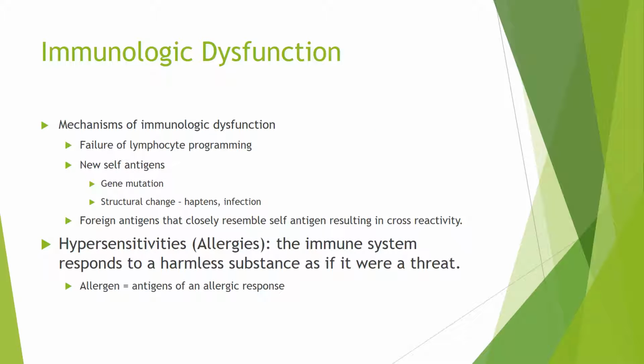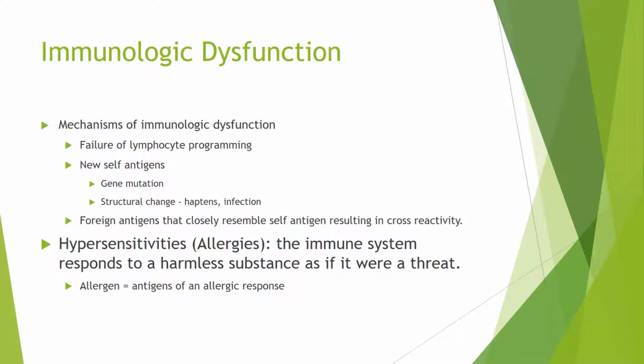Some of the mechanisms and functions of the decreased immune system would be failure of the lymphocyte to program correctly, and that could be due to stem cells being affected at that level. Also, there could be new self-antigens being recognized, like with gene mutation, which is typically caused by carcinogens. They start to produce tumor-specific antigens instead of non-tumorous antigens.